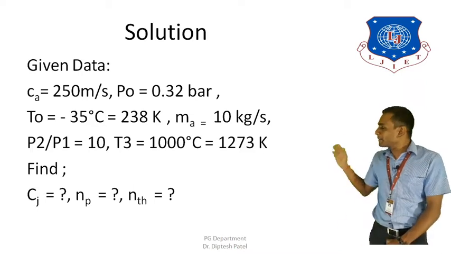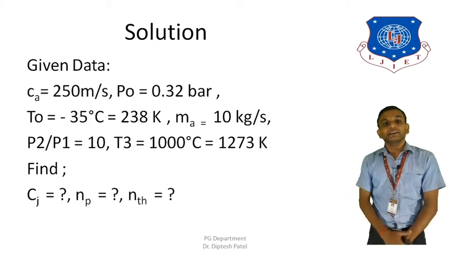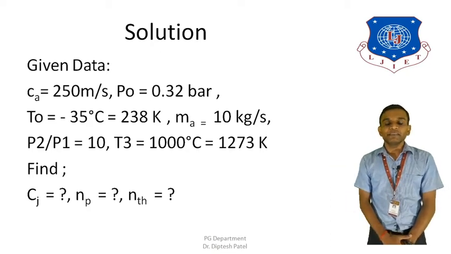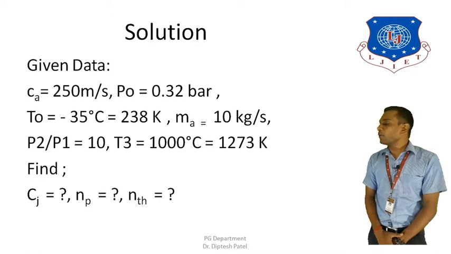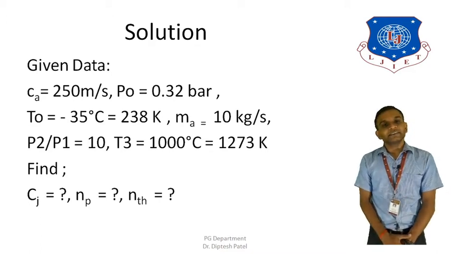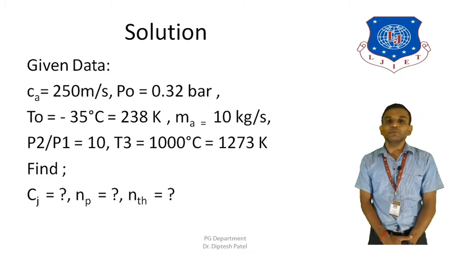Similarly the temperature at inlet, T0, is minus 35 degrees Celsius, which is equal to 238 Kelvin. Then the mass flow rate of air is 10 kilograms per second. The pressure ratio P2 to P1 is 10. T3, the temperature at the inlet of the turbine, is 1000 degrees Celsius.